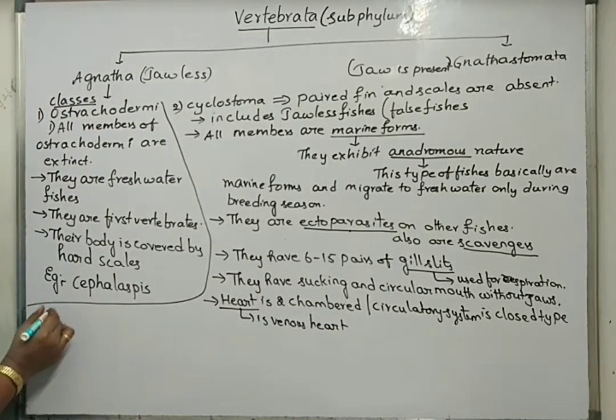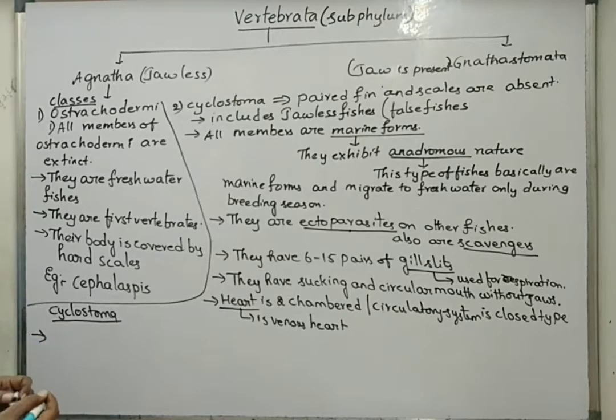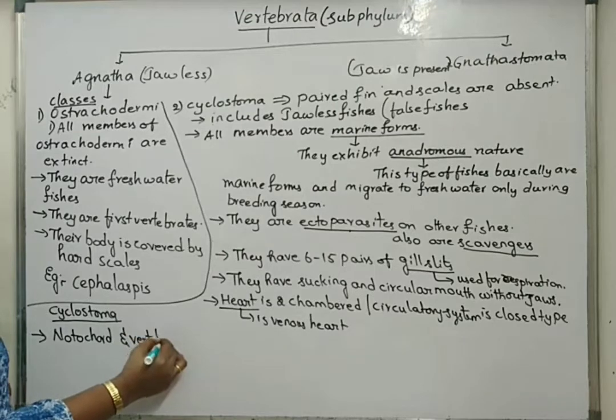In Cyclostomes, the notochord and vertebral column are both present. The cranium and vertebral column are cartilaginous in nature.